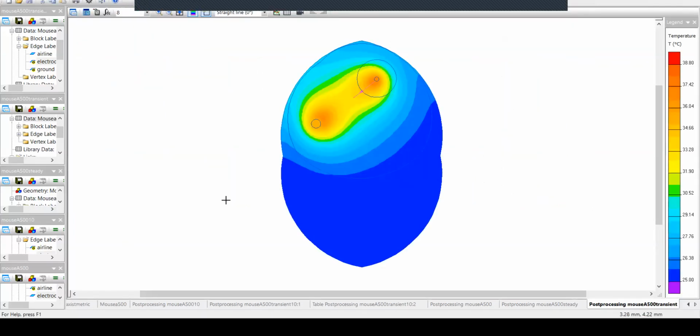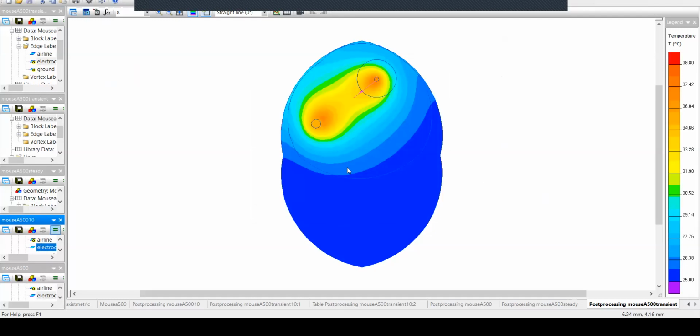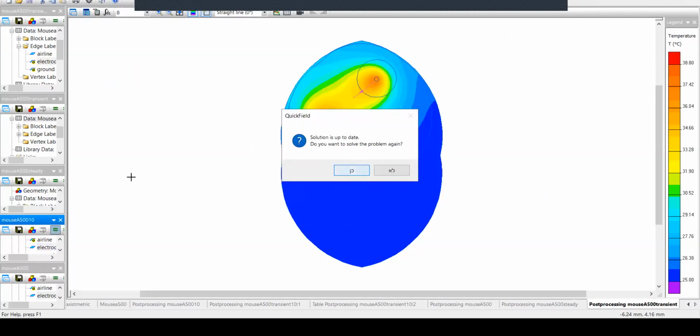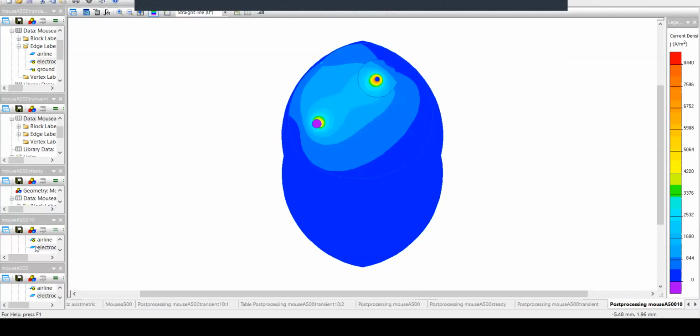Then we move to the long duration low voltage protocol. We solve another DC conduction problem with calculated VRMS of 10 volts. That's all. They're similar, those problems. And we couple it with the former transient heat transfer problem. This is the next one.